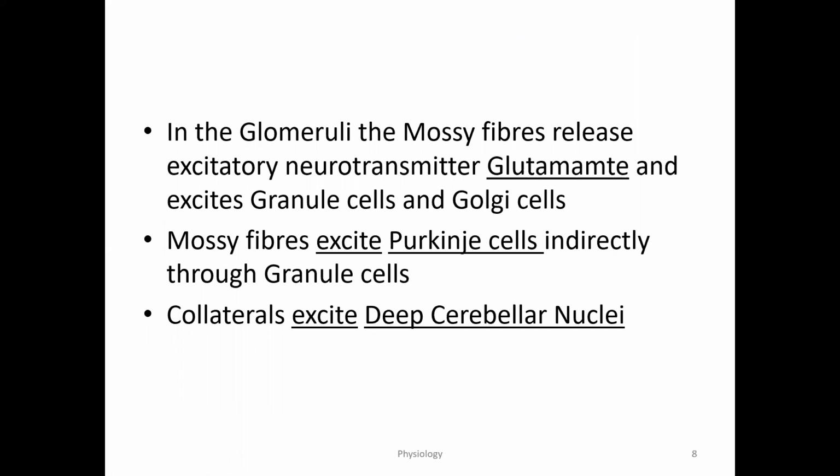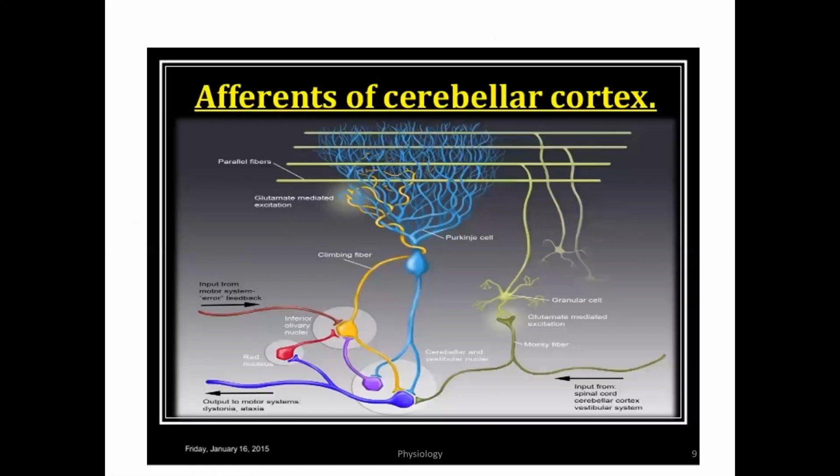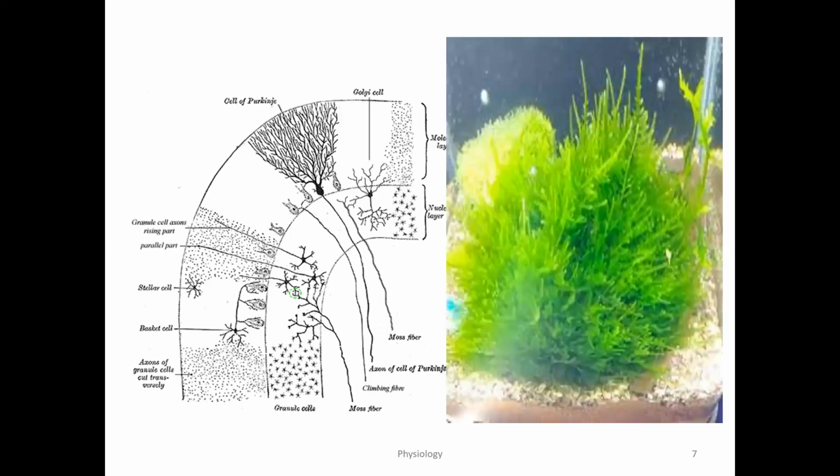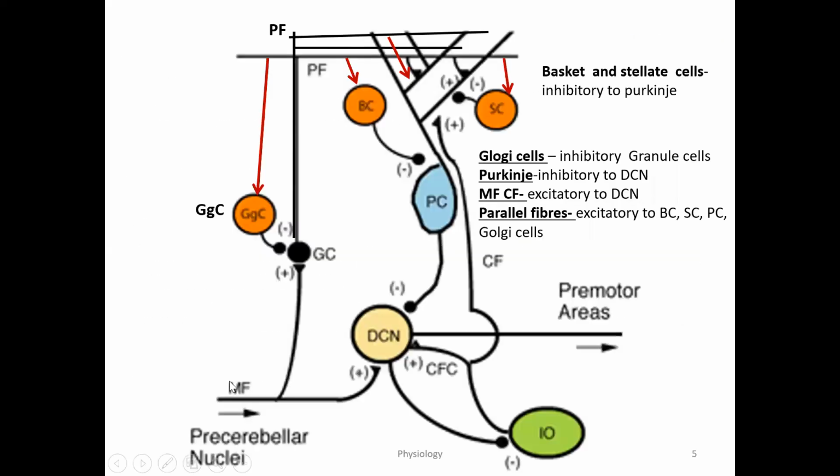That is, the Purkinje cells, via parallel fibers. In the glomeruli, the mossy fibers release an excitatory neurotransmitter, again glutamate, toward the deep cerebellar nuclei, and it also excites the granular cells. I will show the diagram again. You can see the mossy fiber which excites the deep cerebellar nuclei, and the mossy fiber which excites the granular cells, and these granular cells give rise to the various parallel fibers.